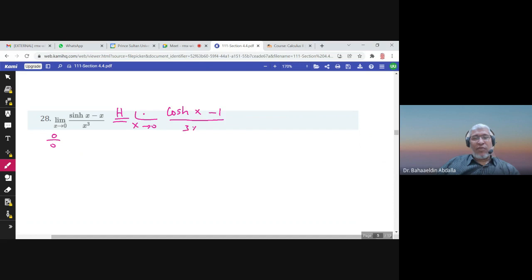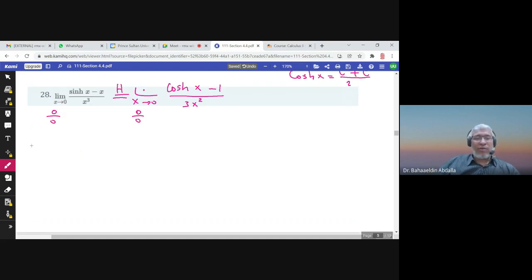Derivative of x cubed is 3x squared. Cosh x is e to the power x plus e to the power negative x over 2. If you replace x by 0, 1 plus 1, 2 over 2, it is 1. 1 minus 1 is 0 over 0.